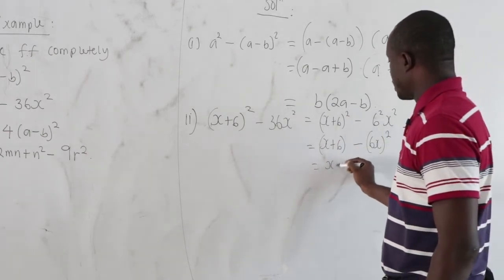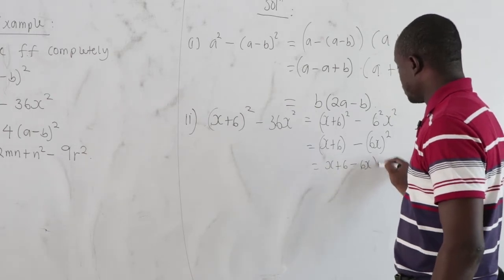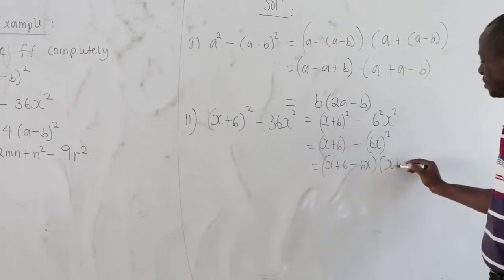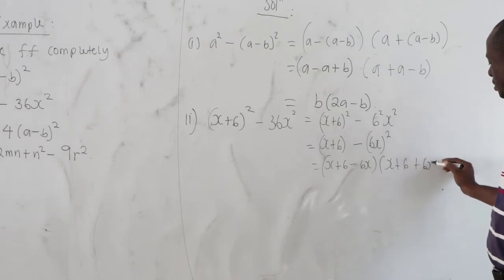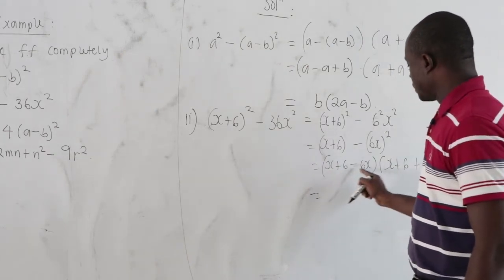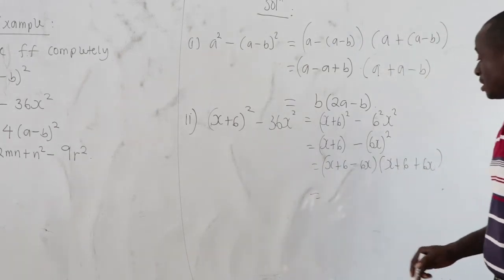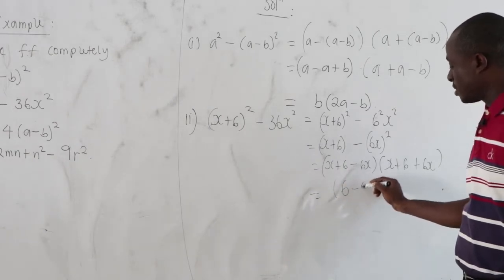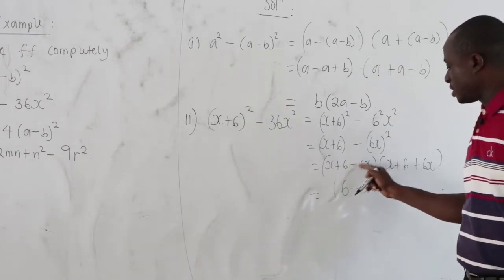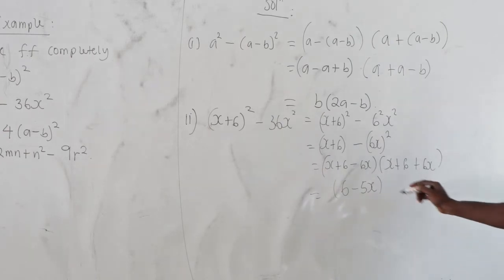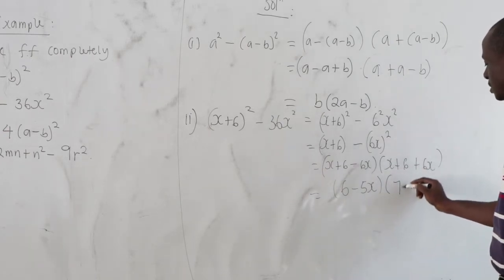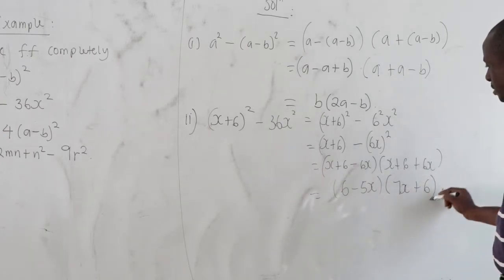And this is just x plus 6 minus 6x, times x plus 6 plus 6x. Now x minus 6x, that's negative 5x, so I can write the 6 first: 6 minus 5x. Now x plus 6x, that is 7x plus 6.